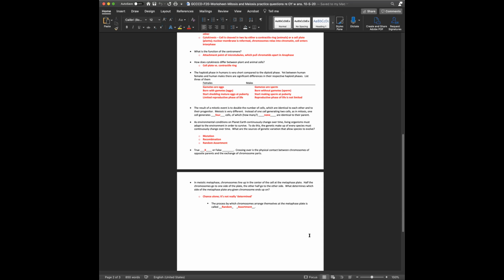I sent you this worksheet along with several others. This one I sent as an assignment, and I sent 3 others in an announcement. The purpose of these is to elaborate on the material in meiosis and mitosis, because there is a large amount of information.